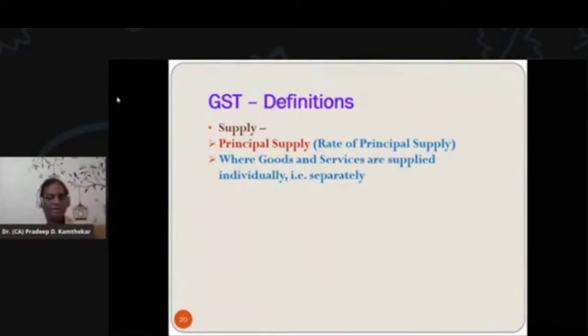So when you go to buy any goods or services, and you are given a particular good not in combination with any other goods or services, that is called principal supply. And whatever GST rate is applicable to that principal supply, that is applicable as the GST rate.